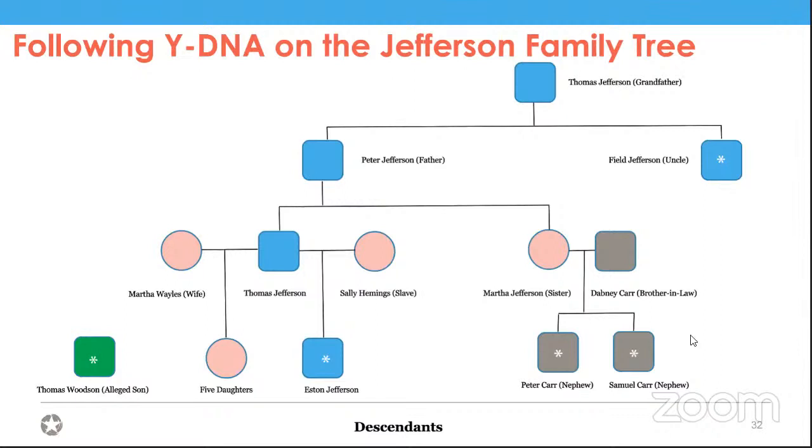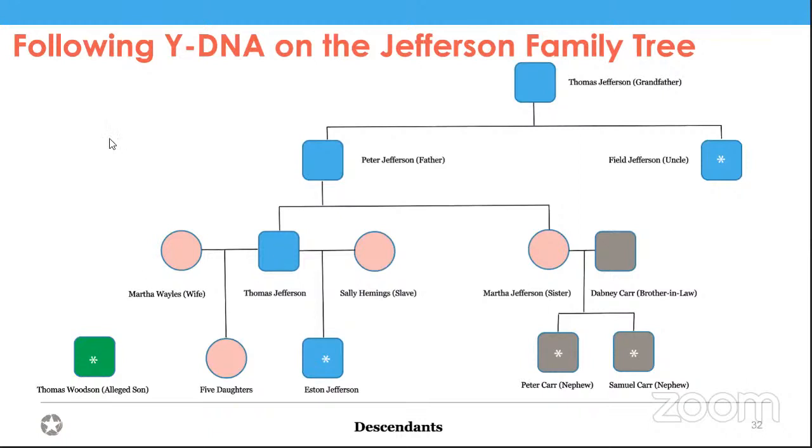So we have Field Jefferson, who is the uncle of Thomas Jefferson. And then we have the two nephews down here, Peter and Samuel Carr. And then we have Eston Jefferson and Thomas Woodson. They were all tested, their descendants were all tested to see if they matched with the Y DNA of Thomas Jefferson.